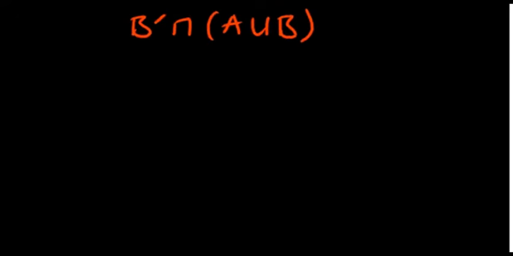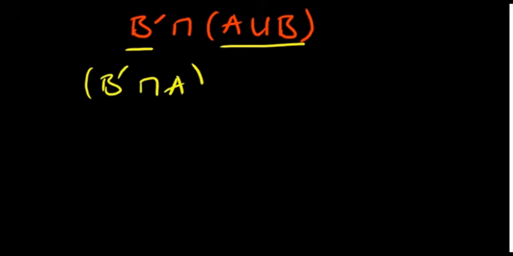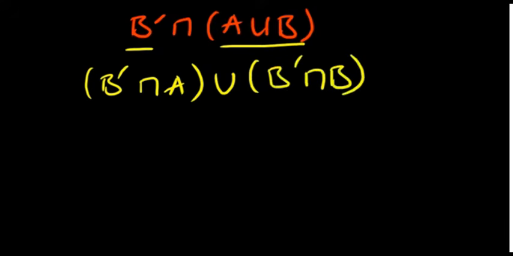For the other part, we have B complement intersection A union B. From our distributive law, this is going to be B complement intersected with A, then union, again, B complement intersection B. Maintain B complement intersection A. The intersection between a set and its complement is an empty set.